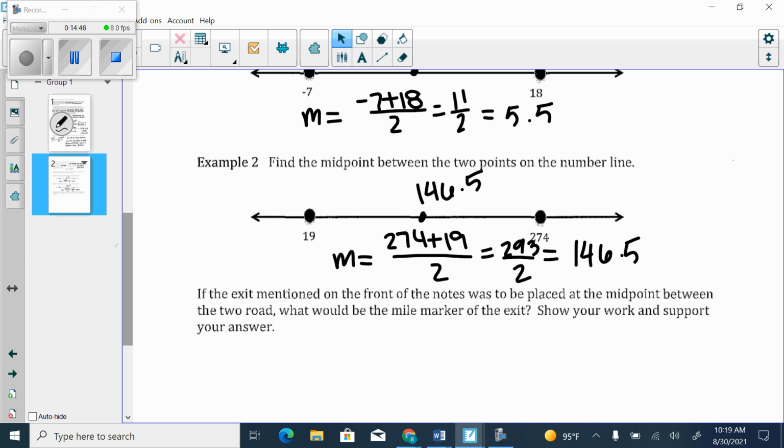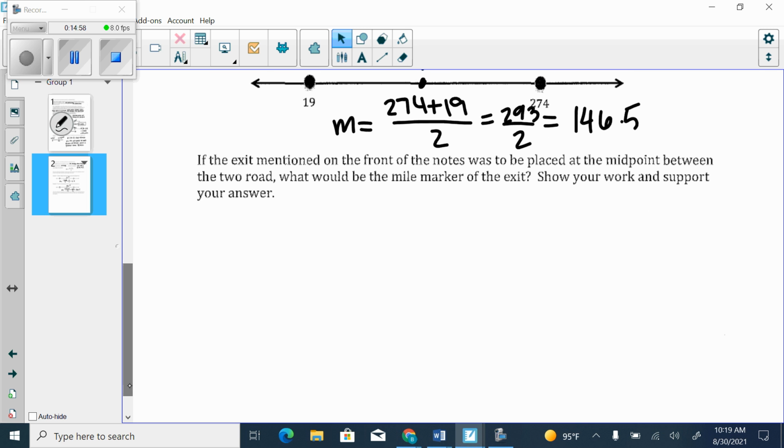Okay, so going back to that exit scenario from the first page, if that exit mentioned on the front of the notes was to be placed at the midpoint between the 2 roads, what would be the mile marker of that exit? So just like on the front, we had Arthur here, right? And Collingwood somewhere down here.